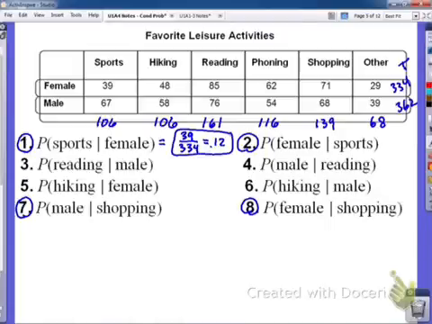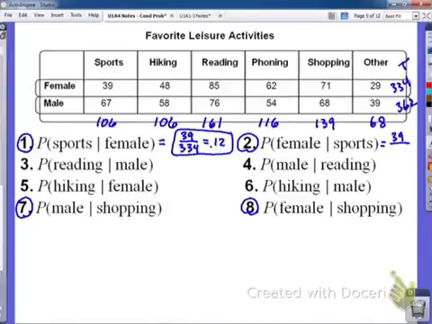Number 2, what's the probability of selecting a female, given that you select from people who prefer sports? What's the total number of people that are both female and prefer sports? 39.